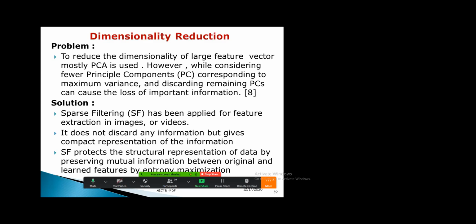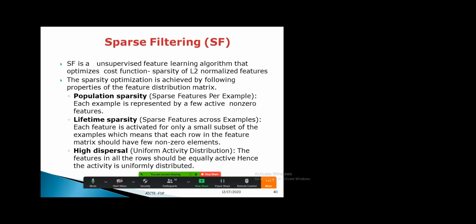So what does filtering do? It does not discard any information, but gives a compact representation of the information. Sparse filtering protects the structural representation of data by preserving mutual information between original and learned features by entropy maximization. There is a lot of work going on currently, and a lot of interest has been generated in sparse filtering.